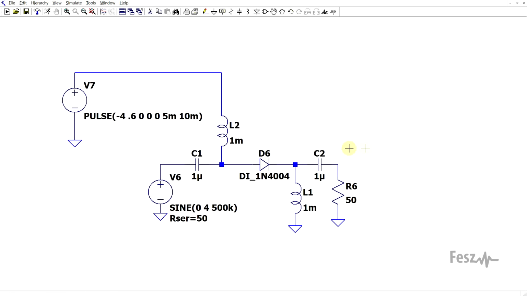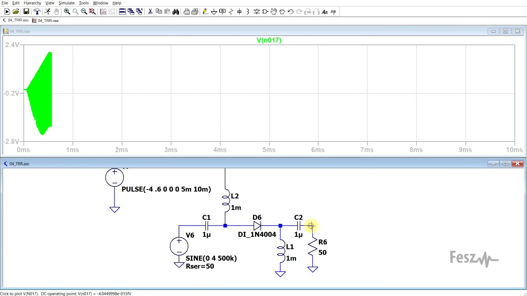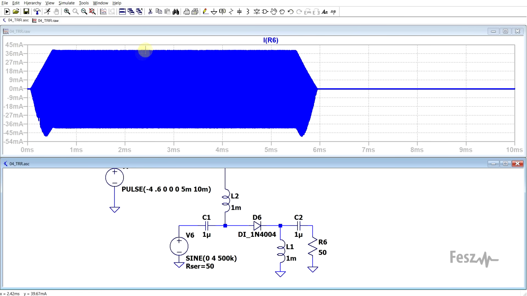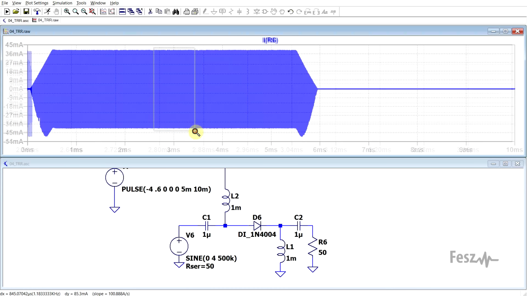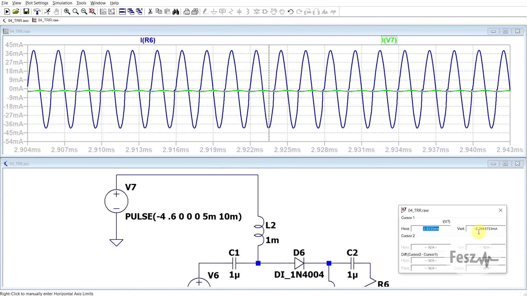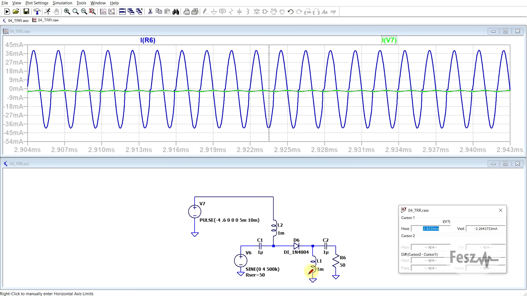If we recreate the initial setup with DC and AC blocking, and we resimulate, we can see that we are able to switch an RF signal, which is approximately 40 milliamps in amplitude, by using a DC current of only 2 milliamps. So we don't need very high levels of bias current to use the diode as a switch, we just need to keep it in the operating mode in which it doesn't have enough time to turn off.